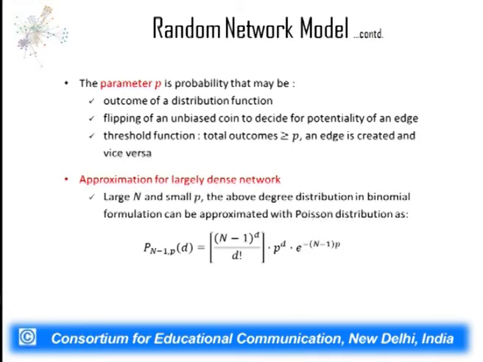It can be even a little better by setting a threshold function for forming a link. Say, for example, we have taken the outcome of a distribution function or the flipping of a coin. These are like random experiments. Say we have continued these random experiments for a certain number of trials, maybe n trials, and after the n trials we check the aggregated probability.